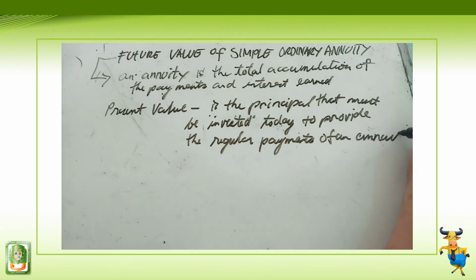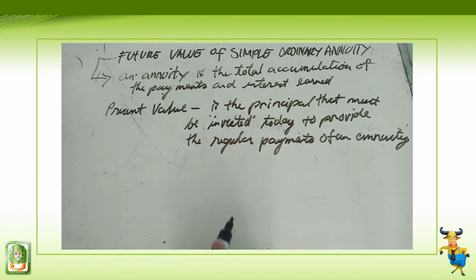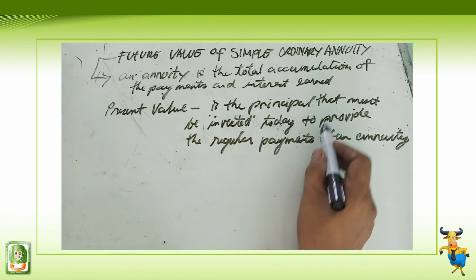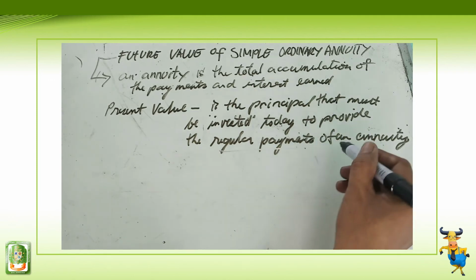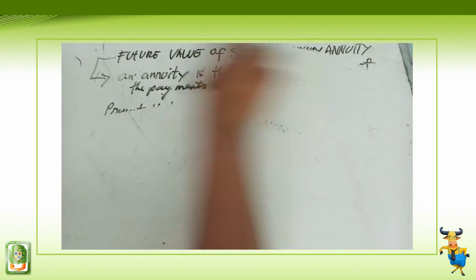So, yan po ang present value, the principal that must be invested today to provide the regular payments of an annuity. Okay. So, proceed tayo sa mga formula.